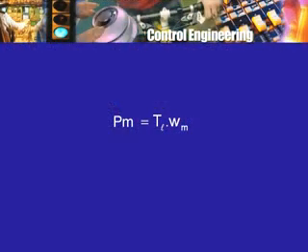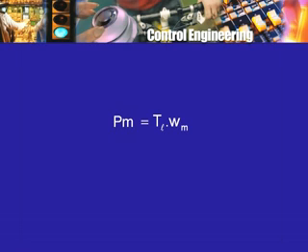As we have seen, the product of these two, the load torque into the desired speed, gives you the mechanical power that is to be spent on the load, and that much power, and in fact a little more, has to be provided to the motor. That is the electric power that will be taken from the supply. So the mechanical power Pm is equal to the load torque TL into omega m.